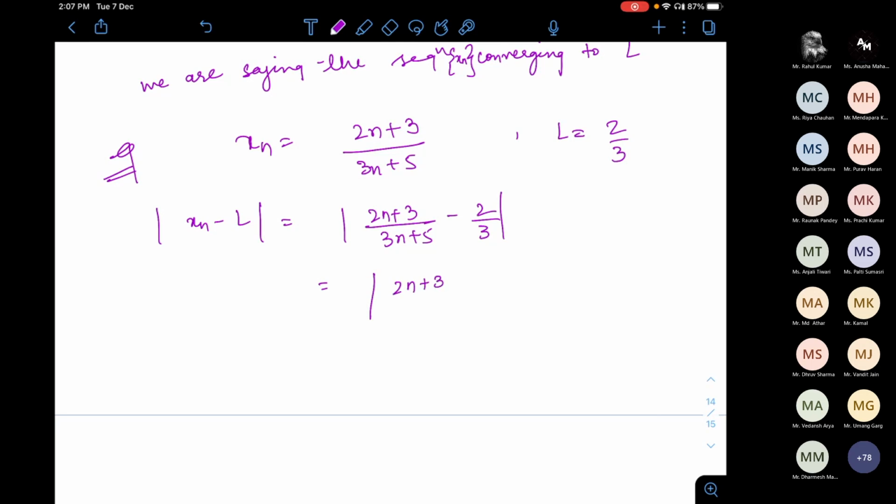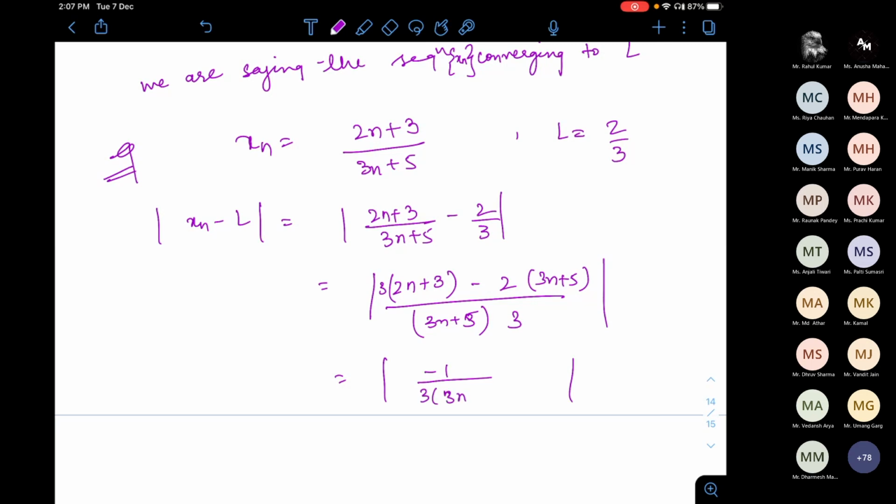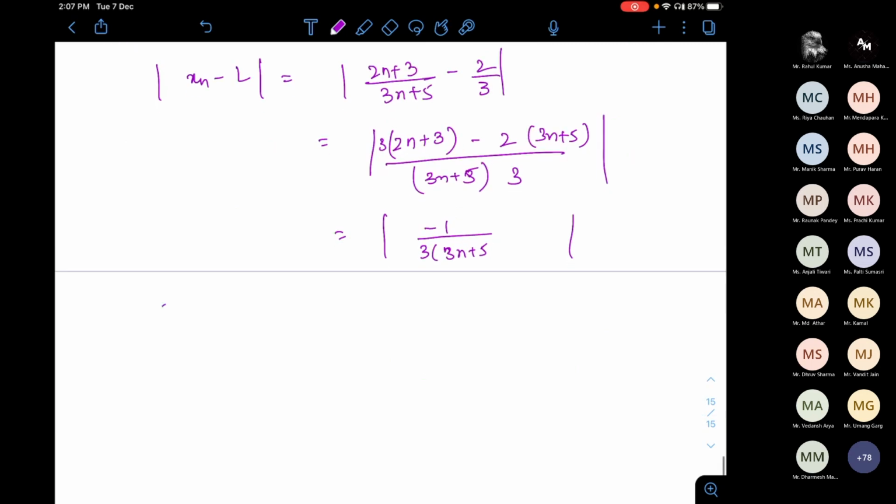So 2n plus 3. Okay, I made a mistake here. What's the answer here? Minus 1 upon 3n plus 5. So I'll ignore the negative, and the modulus is less than epsilon.